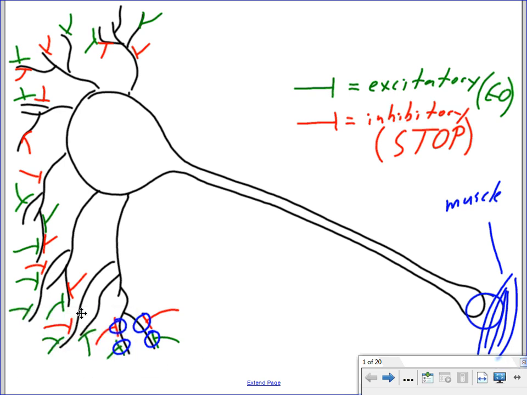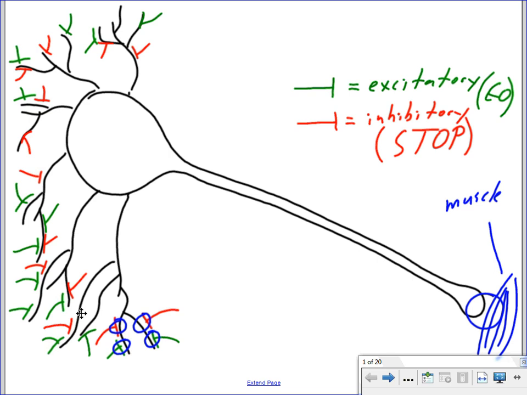We had our excitatory messages, excitatory interneurons, and those are the ones that are going to open up sodium channels, allowing sodium to rush in and leading to depolarization. The opposite, of course, are the inhibitory messages, which are going to now open up possibly potassium channels. Potassium would then rush out, and that would lead to hyperpolarization.